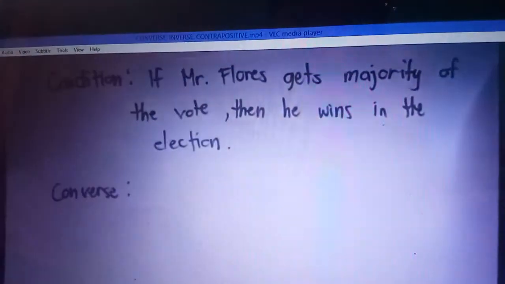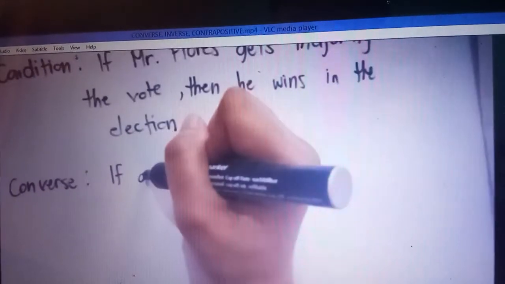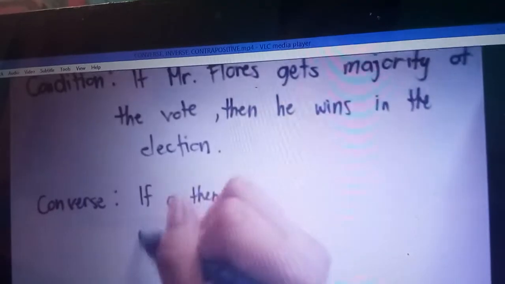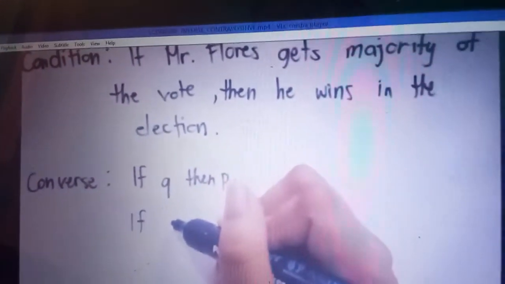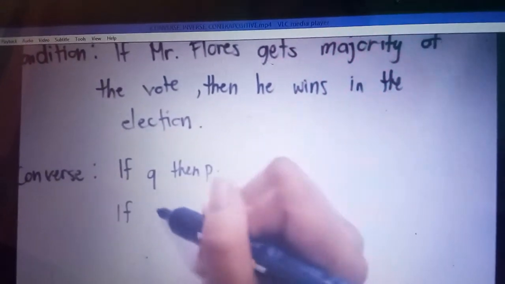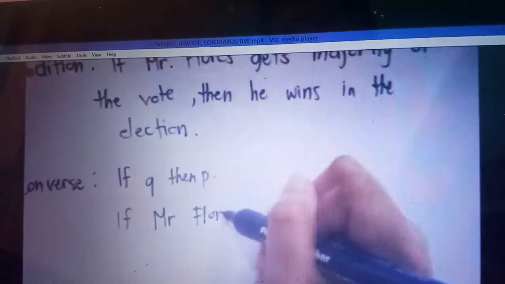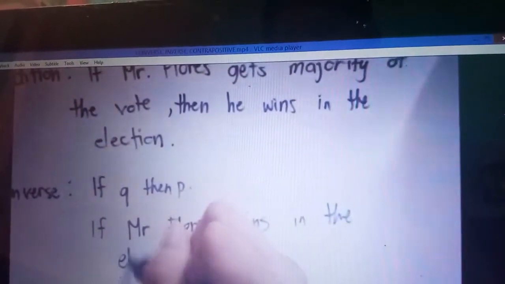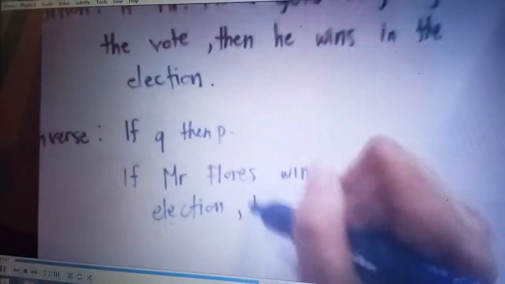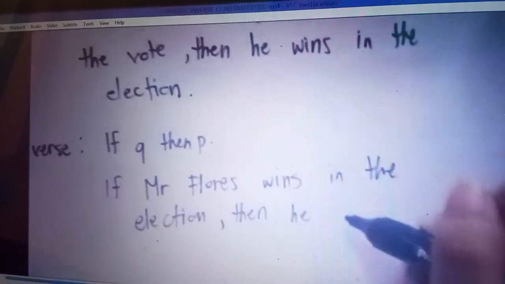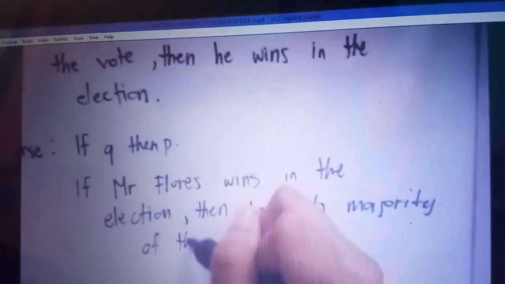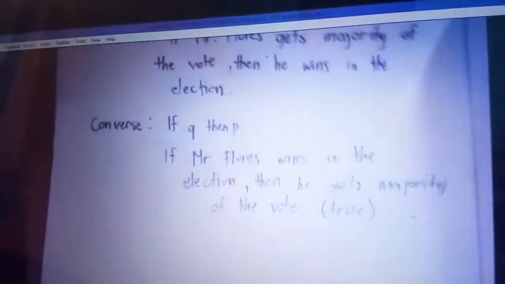The form is if Q, then P. So if Mr. Flores wins in the election, then he gets majority of the vote, which is a true statement.